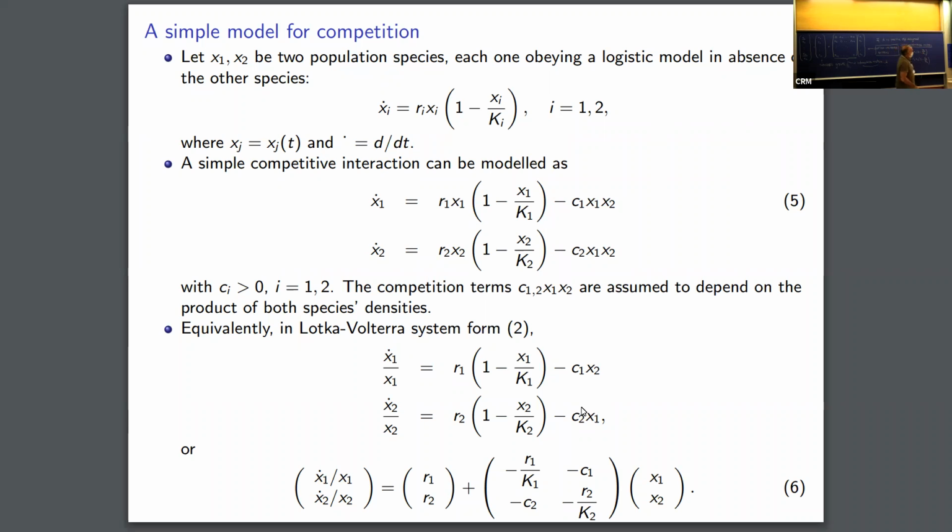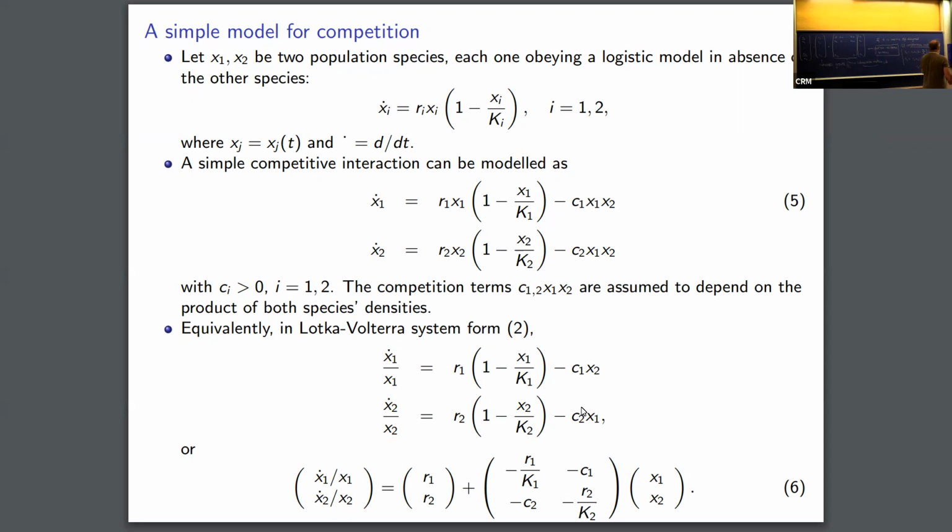And then you allow them to compete, and this is something of this form, minus C1 and the product, minus C2 and the product, where you are assuming that C1 and C2 are positive. This is the typical way you model a competition between two species.